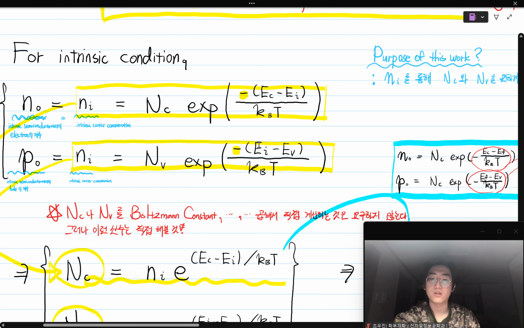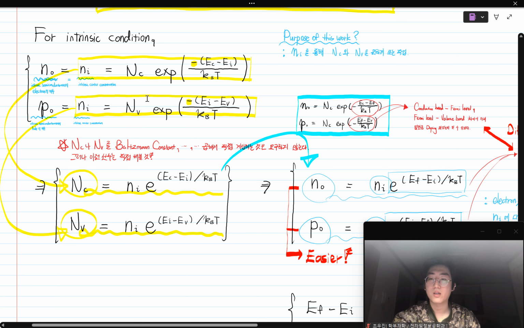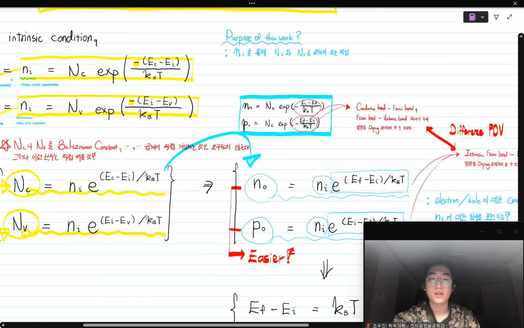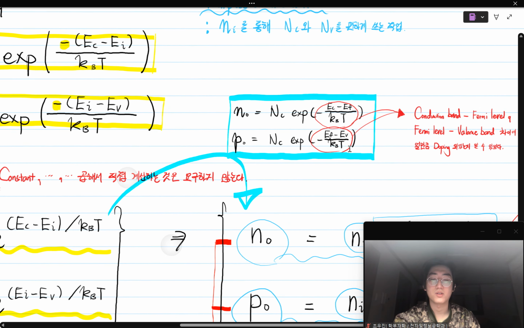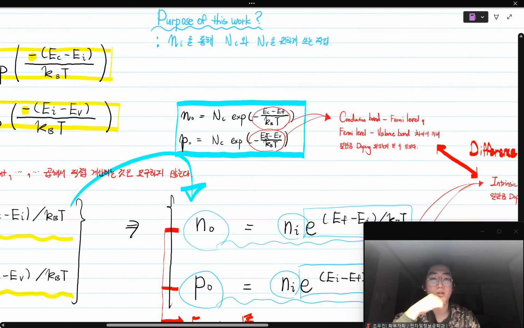And this is the distance between the intrinsic energy, from mid gap to the valence band. So we can get an equation for Nc and Nv. We already know the equations for n0 and p0 like this, and this equation shows us the difference between the conduction band and the Fermi level, and the valence band.